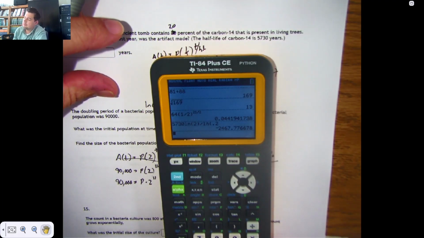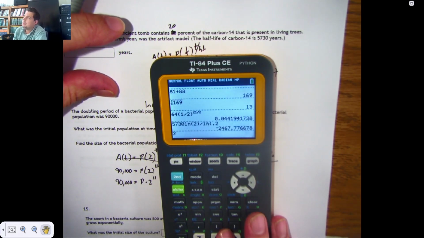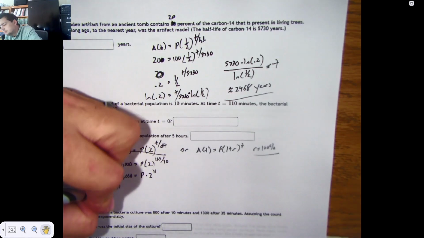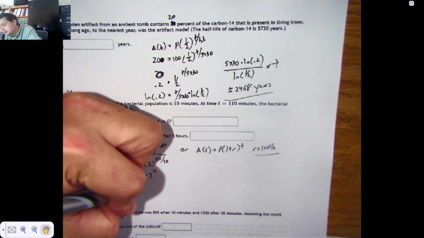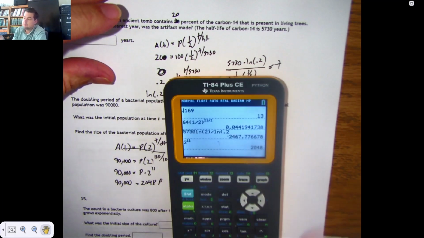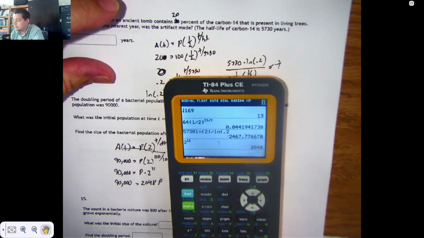Once upon a time, I used to know that. Today is not the day. It'd be 32 times 32 times 2. So 32 times 64. 2048 maybe? 2048. 90,000 is 2048 p, and we'll just divide by 2048.